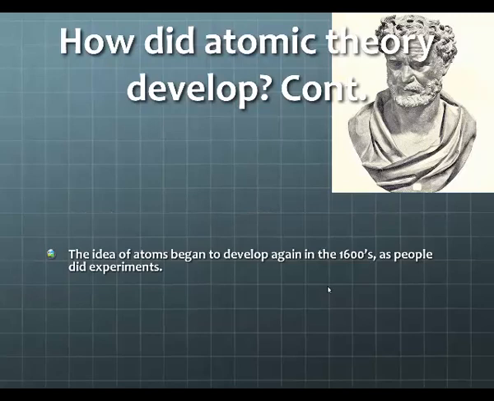The idea of atoms began to develop again in the 1600s as people did experiments. And as you are going to notice when we start talking about science, a lot of times we're going to talk about how knowledge is built upon prior knowledge.